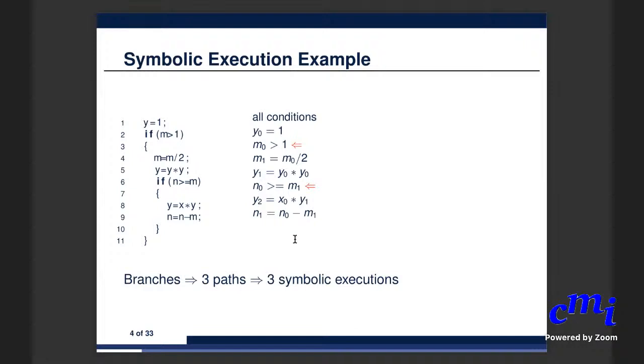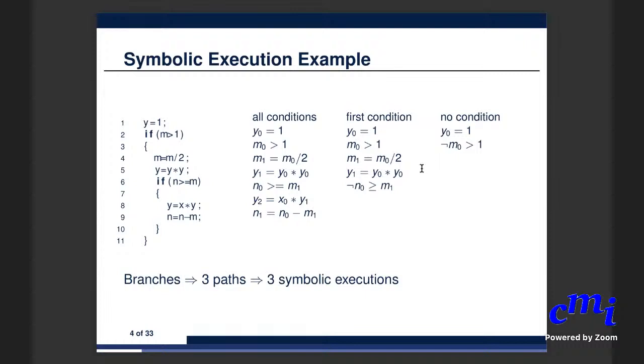Of course, if your program has multiple paths, then you'll have to explore each possible path. For example, here this is the case where the first of the two conditions is true, but the second is false.